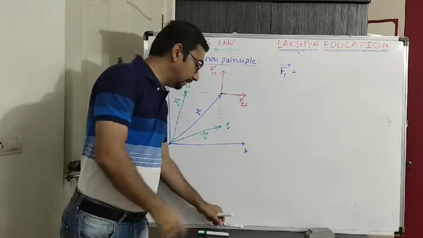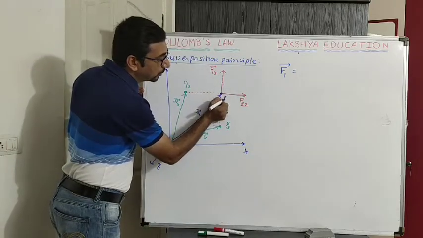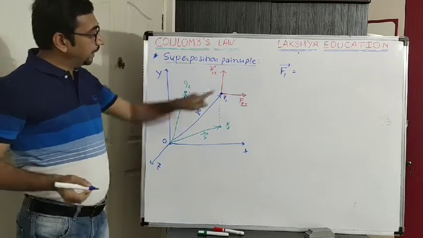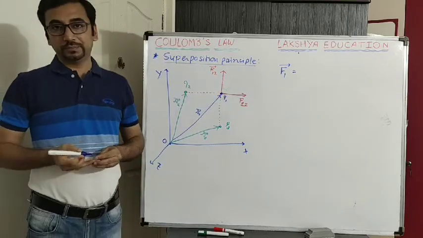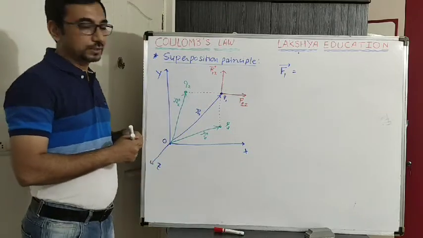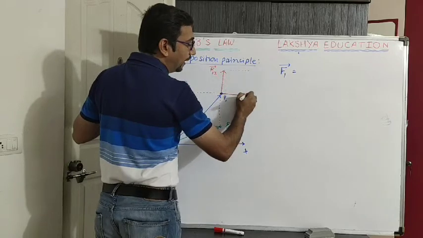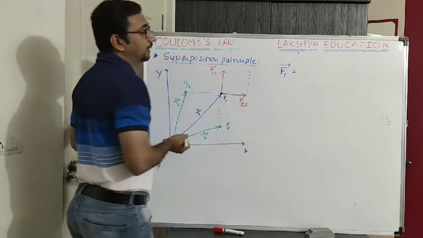That means two forces are acting on this Q1 charge in two different directions. If we want to find the resultant of these forces, then we apply the vector addition method.